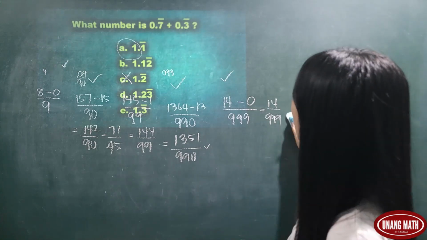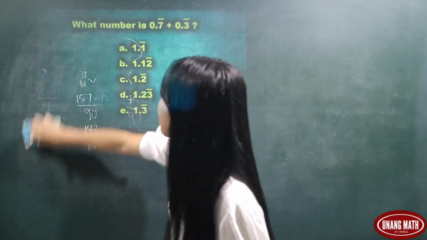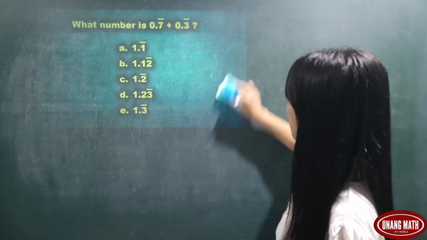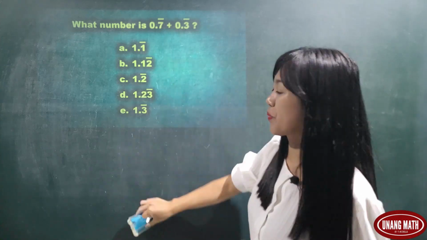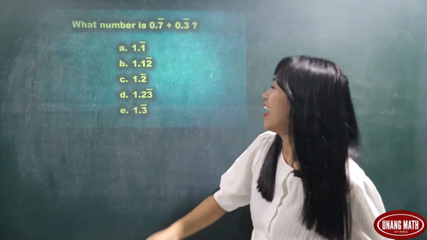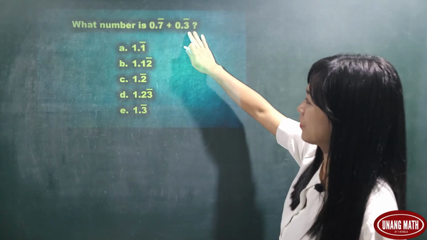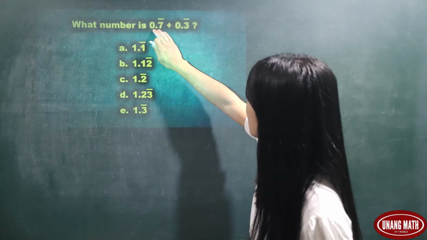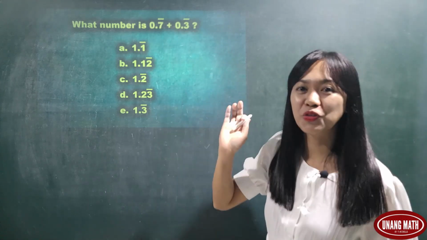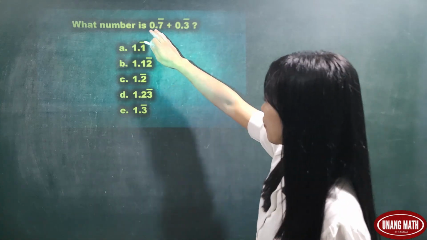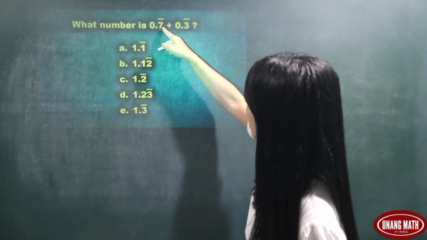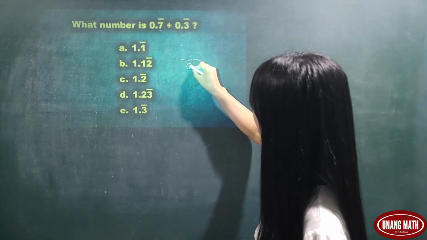Okay, let's move on to our last problem. What number is 0.7 repeating plus 0.3 repeating? In order for us to answer this problem, we have to convert these repeating decimals to fractions. Okay, for 0.7 repeating, since 7 is repeating, the denominator is 9.